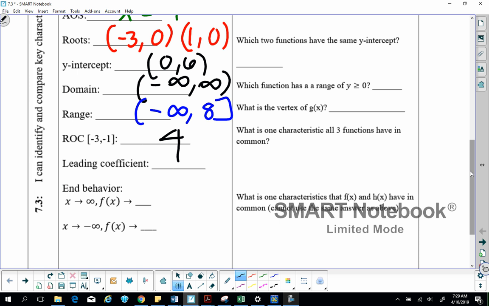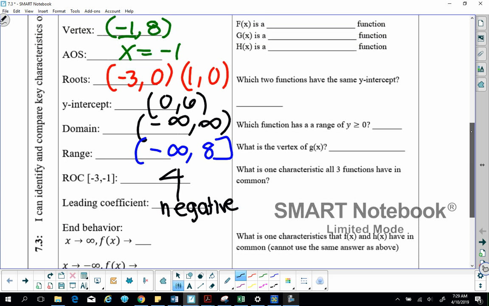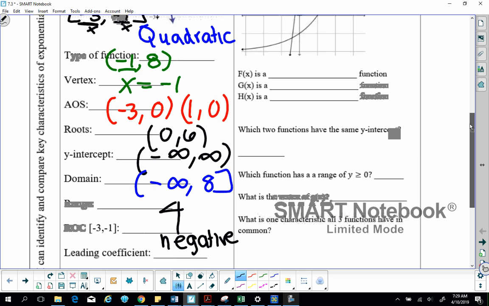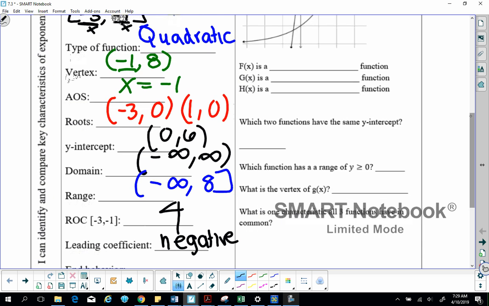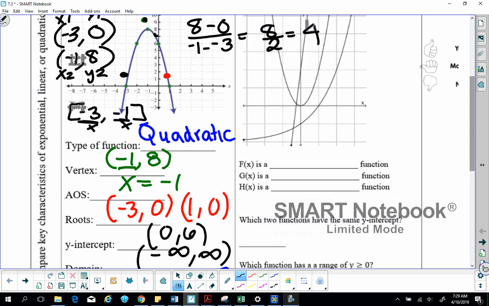End behavior, who can tell me what that one would be? That says as x approaches infinity. So remember, a lot of us had trouble with this. As x approaches infinity, that means I'm looking as the x's get bigger. So when I'm looking as the x's get bigger, what's happening with your y values? Are they going up or down? What about this one, when it gets towards negative infinity?